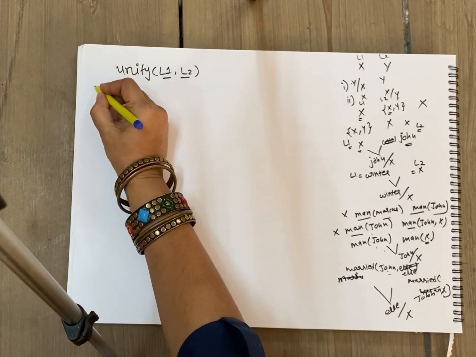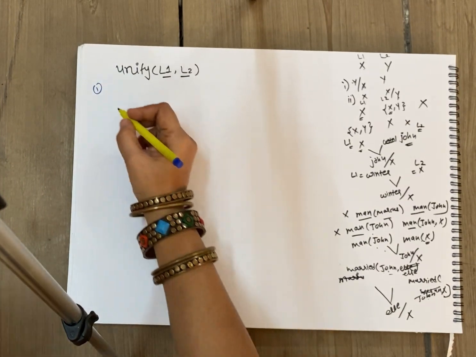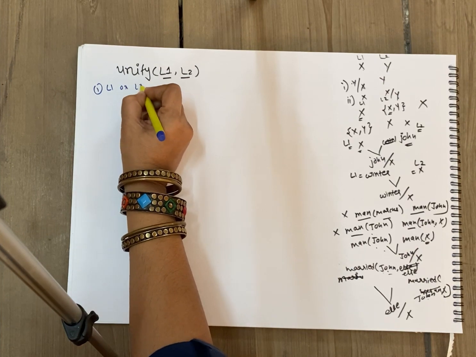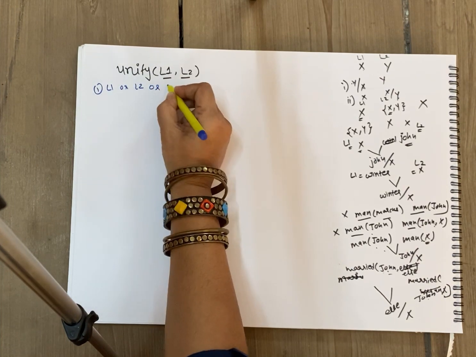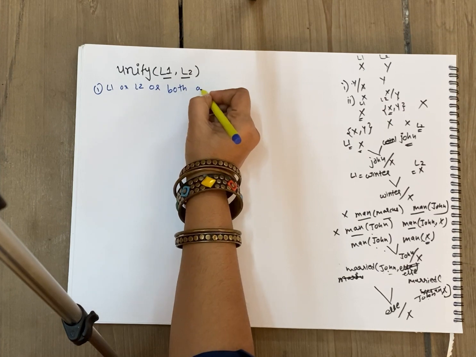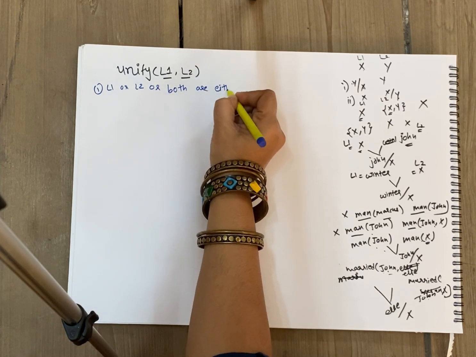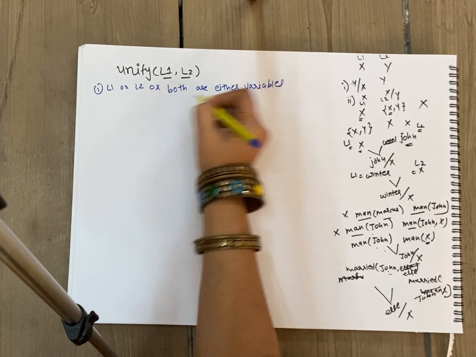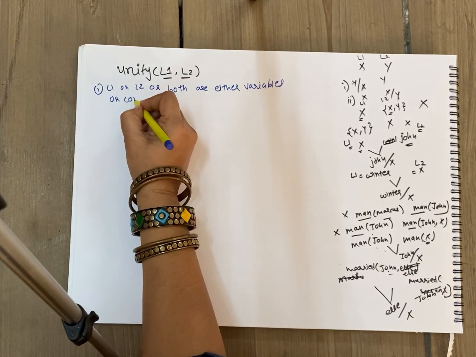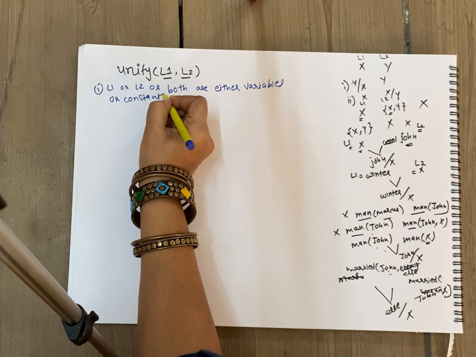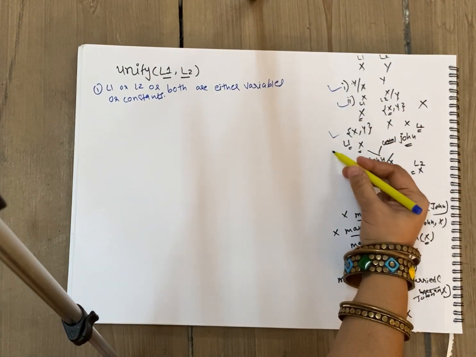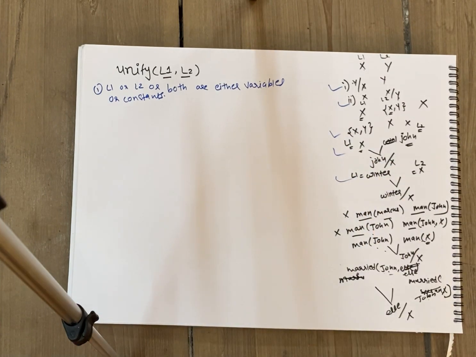The first condition we are going to write is: if L1 or L2 or both are either variables or constants. So this is the case. For variables this is the case, or if they are constants, then this is the case. Then what is going to happen?